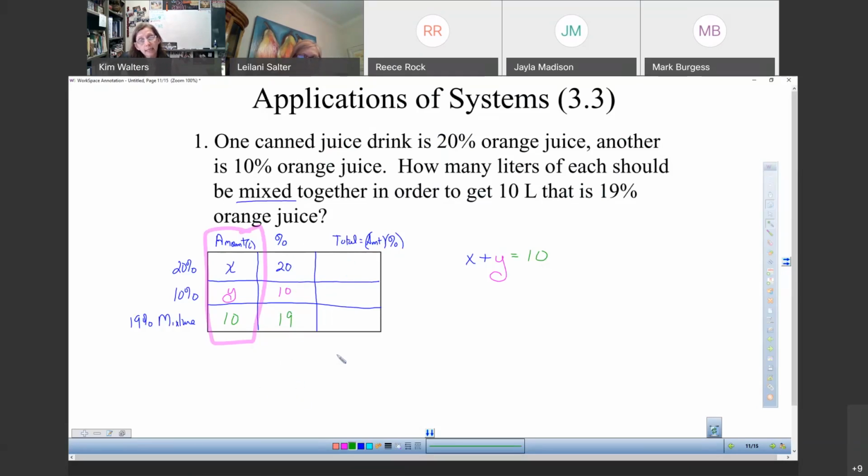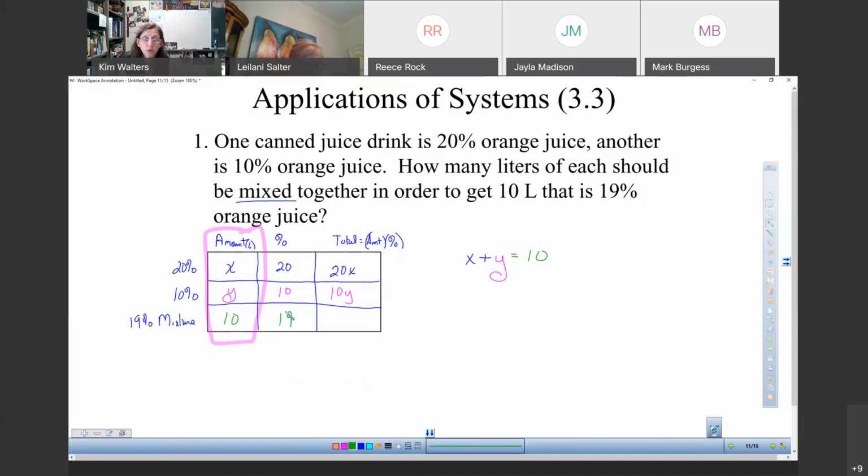And then finally, I'm going to have the last column, which is going to give me my second equation. And this is going to be the total amount, which is going to be the original amount times the percent. So in my first blank, I have 20x. In my second blank, I have 10y.